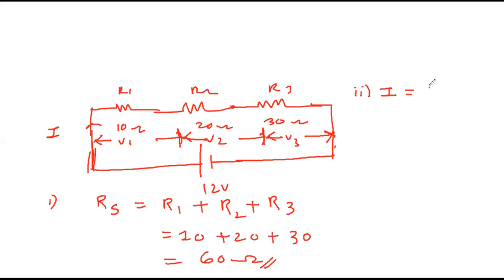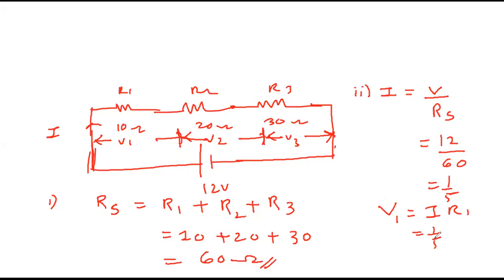Current I is total voltage upon total resistance in series. Total voltage 12, resistance in series we got 60, 12 into 5 is 60. So voltage V1 is I R1, which is 1 upon 5 into 10, equal to 2 volt. Then V2, okay, just complete till this, then I'm clearing the space to get V2, V3.